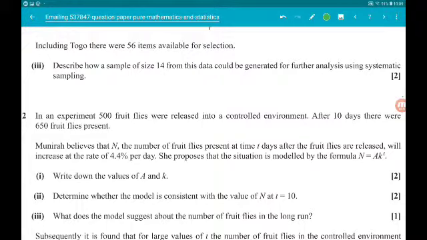Set up a random number generator to generate numbers between 1 and 56. Obtain 14 distinct numbers and then select the corresponding country. Here as well, 14 is a quarter of 56, so we could just select every fourth country if they are all in a list. That would work too. Cool.